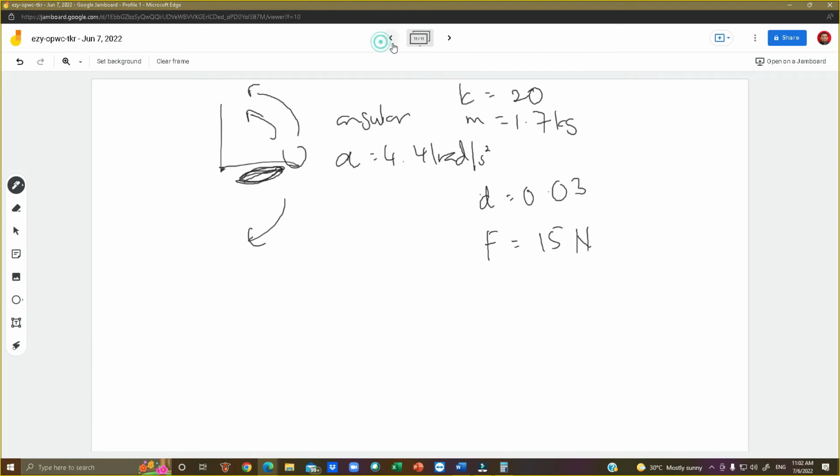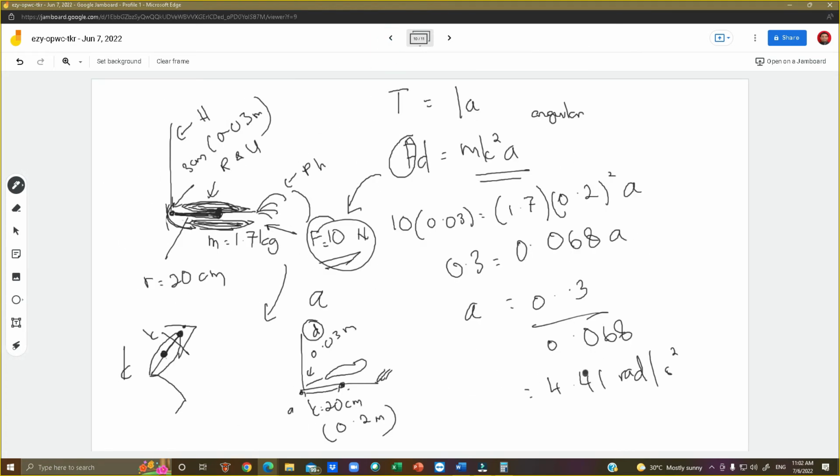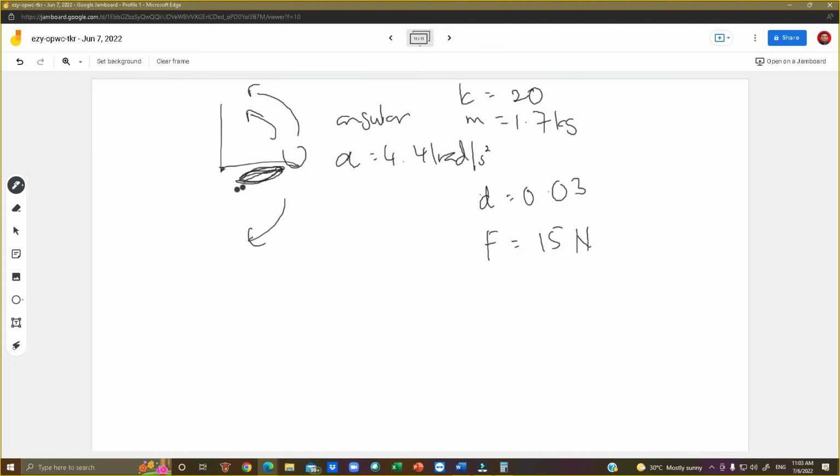Okay. In the first case, we know that the hand is going to move upwards at this rate, because we applied this amount of force by the flexor. Now what happens if the extensor below gives 15 Newton of force?